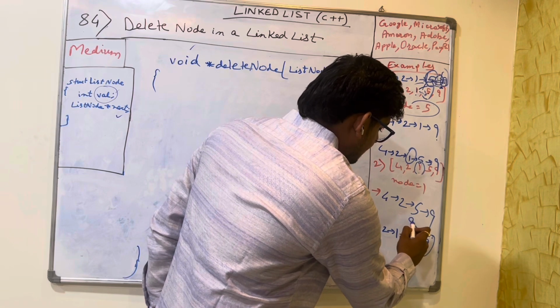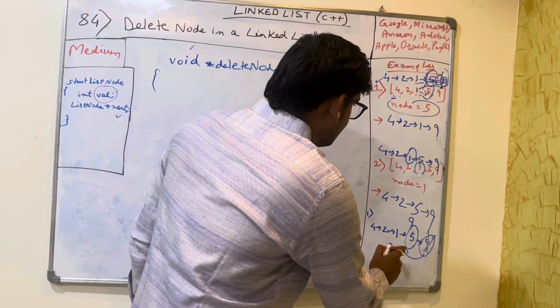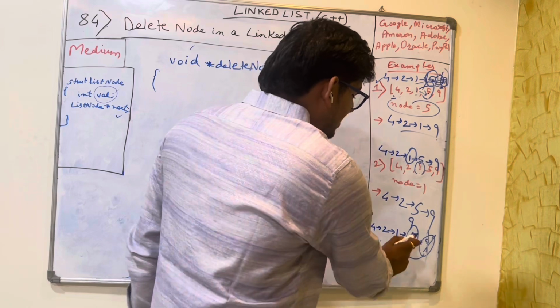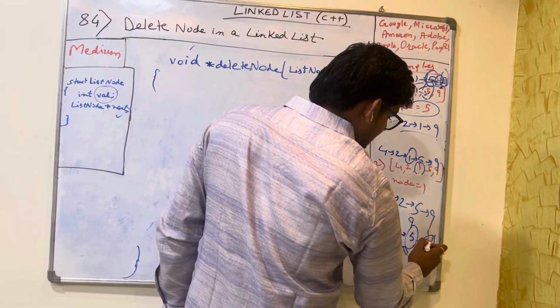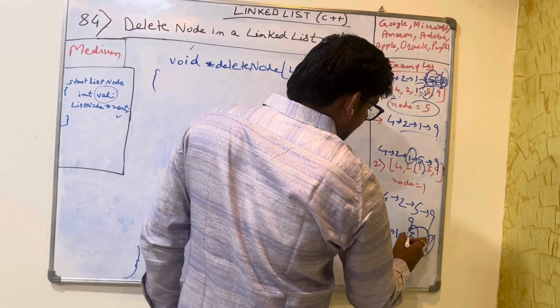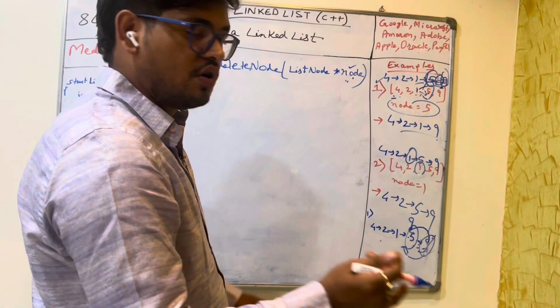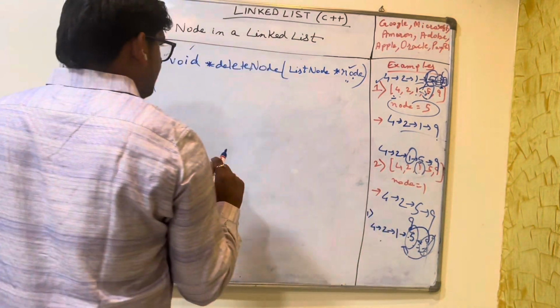Let's make this as 9 and then delete this node. So we will get 4 2 1 9, isn't it? Right? So we can do that. This is the trick you need to apply. We will take this value over here and then delete its next node, because we can only delete the next node. We can't delete the node itself because we don't have the previous node, right? So this is the only technique we can use here.